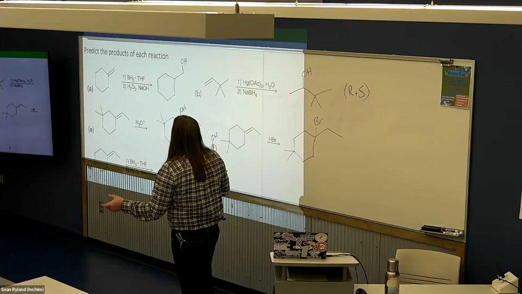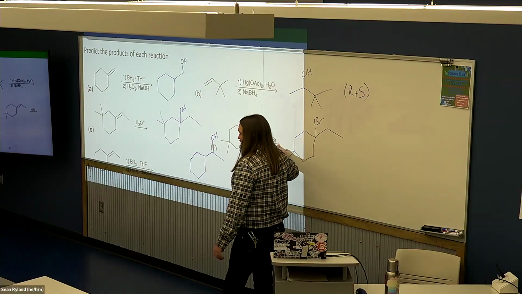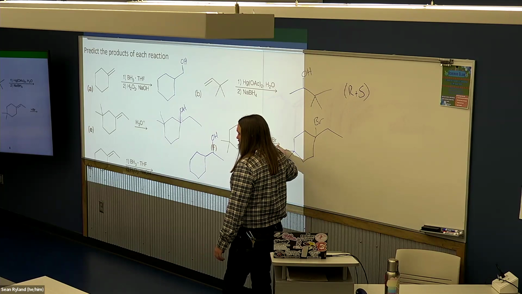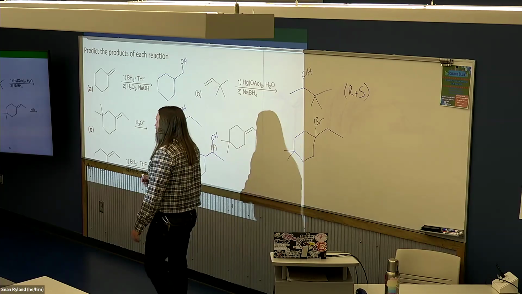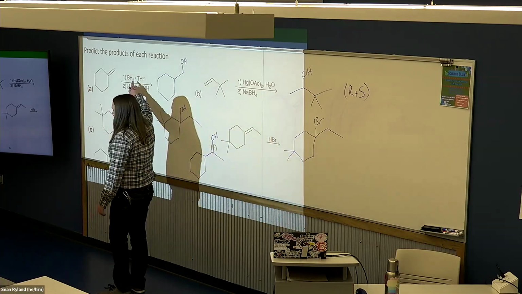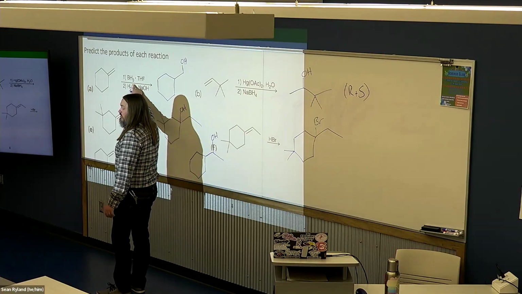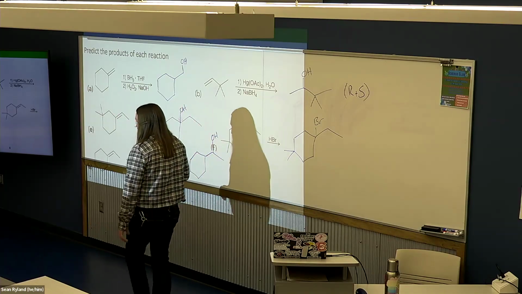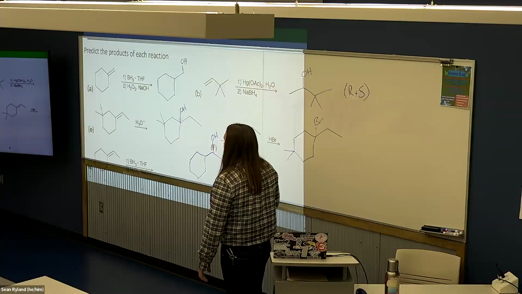Hydrobromination is Markovnikov. And hydroboration, boration, as in boron, there's your clue. If it's got boron involved in the first step, that's hydroboration. But then everything else is the most substituted.